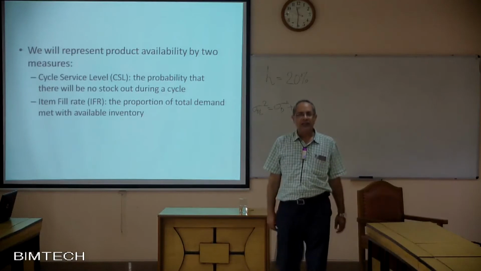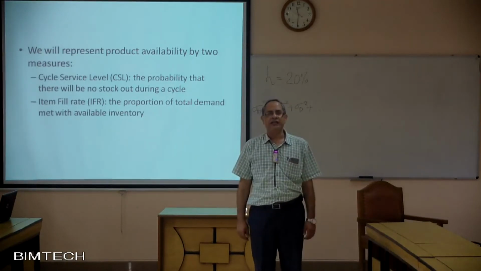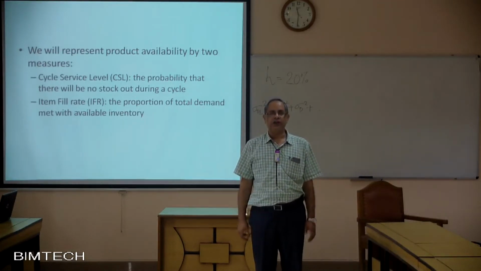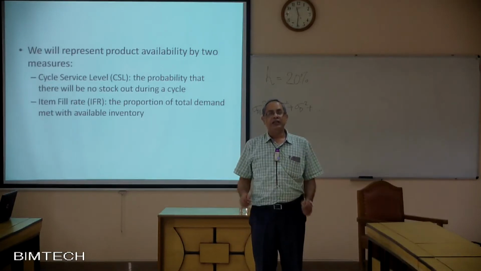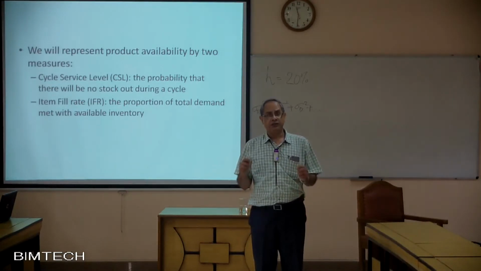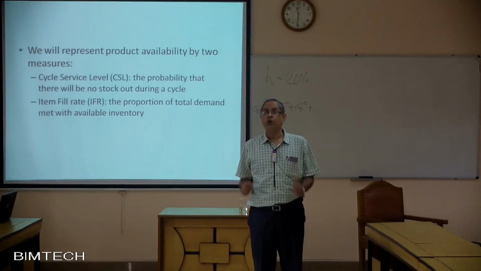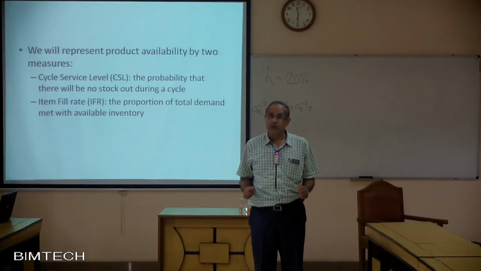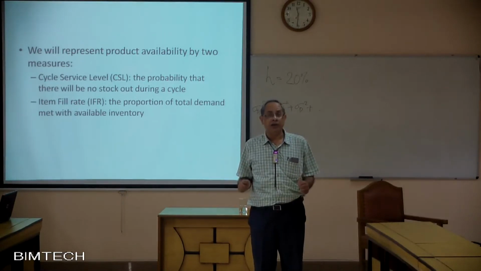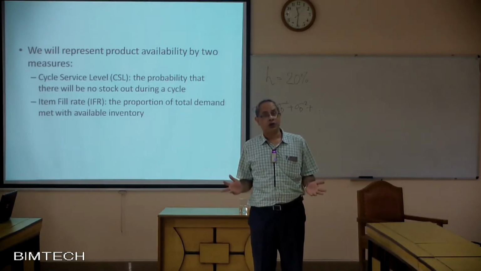Suppose I say that the cycle service level is 90%. What it means is that there is a 90% probability that there will not be a stock out during the cycle, which means a 10% probability that there is a stock out.